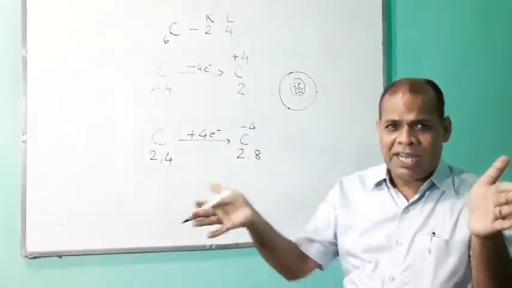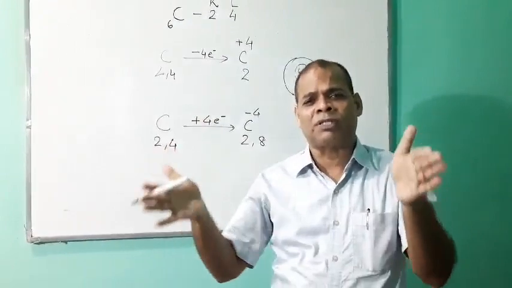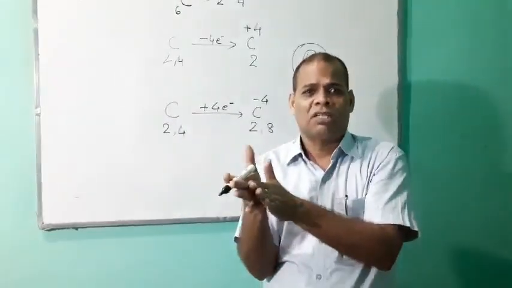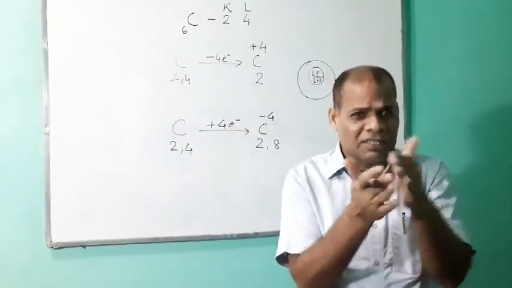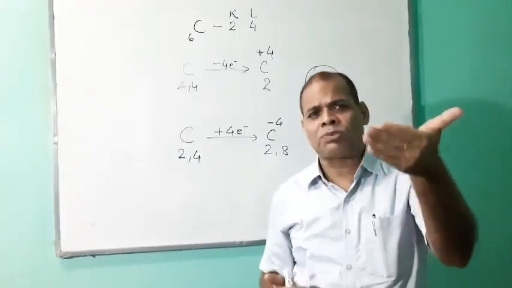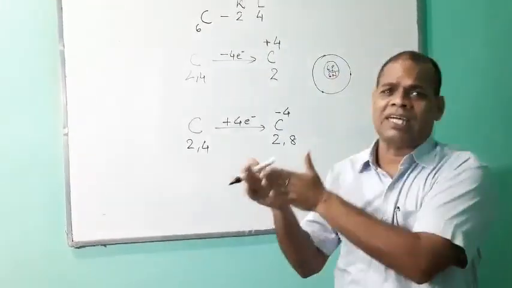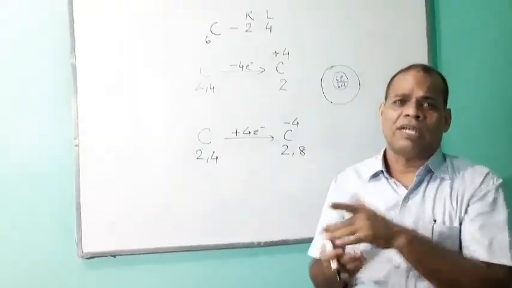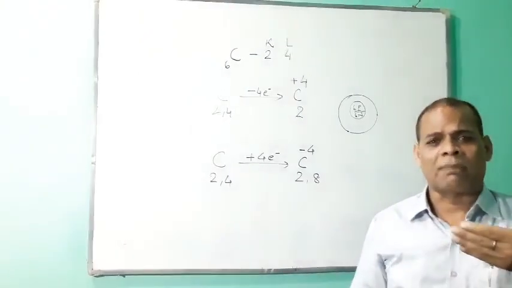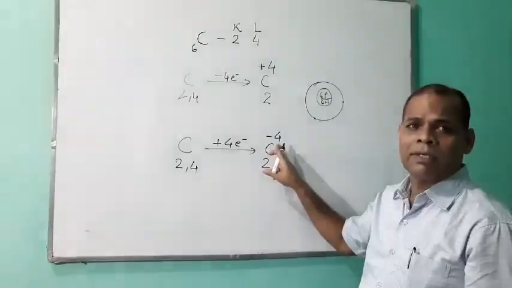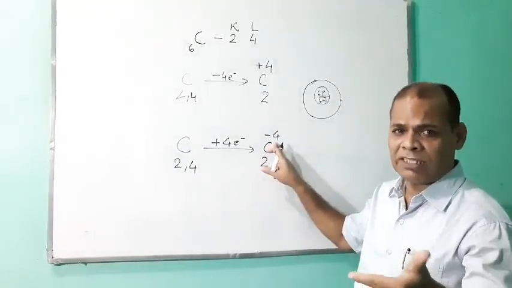Again there will be an unbalanced force between the protons or nucleus and the electrons. That also makes carbon unstable. So carbon cannot form C4-.